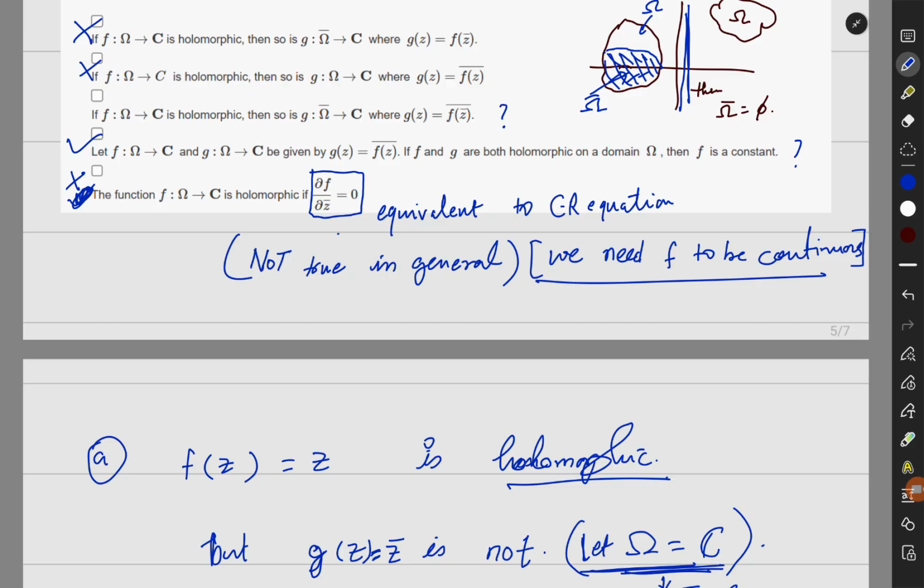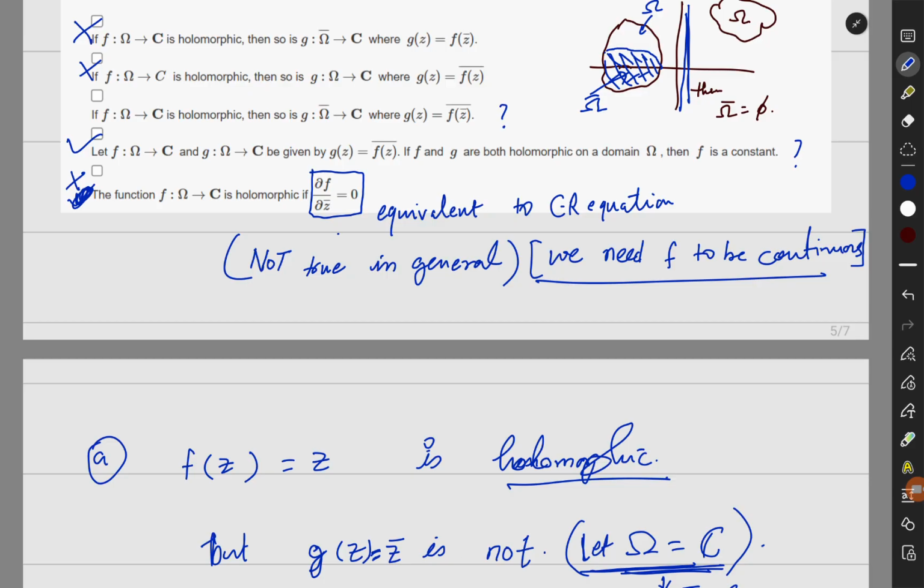In the same manner, if all the derivatives vx, vy, ux, uy exist and they satisfy the Cauchy-Riemann equation, that doesn't mean that the function is differentiable. The continuity of ux, uy, vx, vy is also important. So you just focus on them. If they are continuous, then only we can say the function is holomorphic.